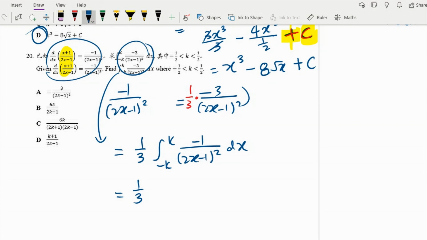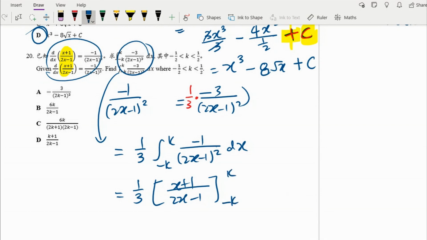So directly x plus 1 over 2x minus 1. Of course, if you have a lot of time, you can actually integrate this, either using U substitution, triangle substitution, integration by parts or partial fractions, any method that you like. But no, I don't want to do that. Then from negative k to k, the rest should be very easy.